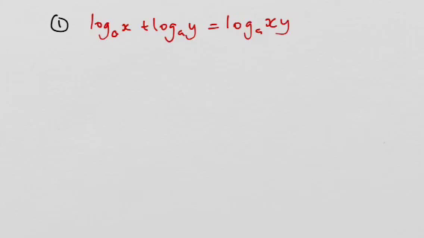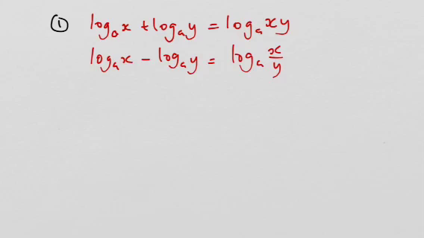The first question, parts A, B and C, they all just rely on the rules that log to the base a of x plus log to the base a of y is log to the base a of x times y, and log to the base a of x take away log to the base a of y is log to the base a of x over y.